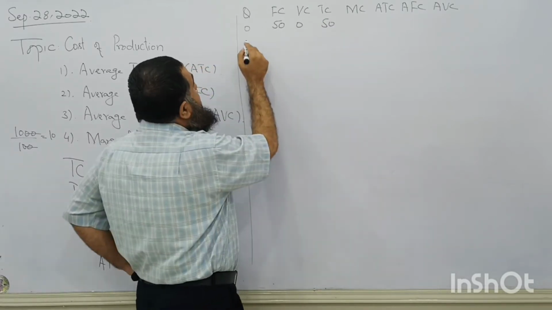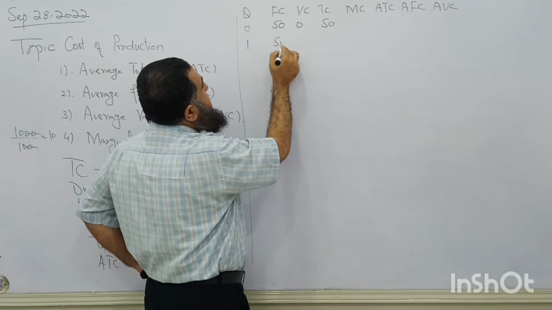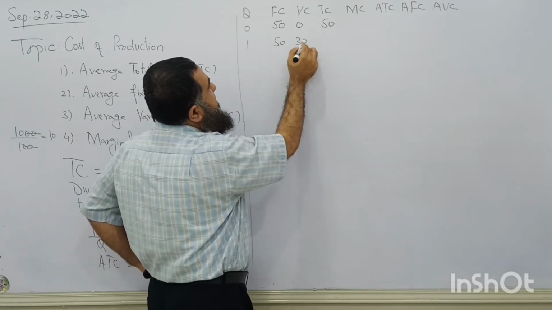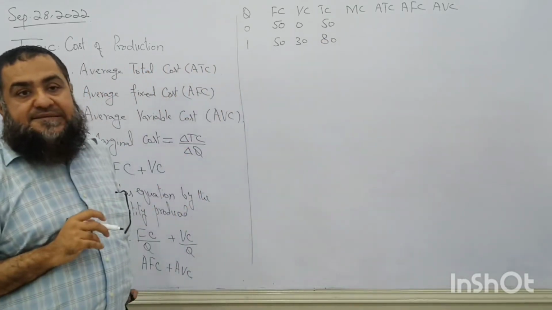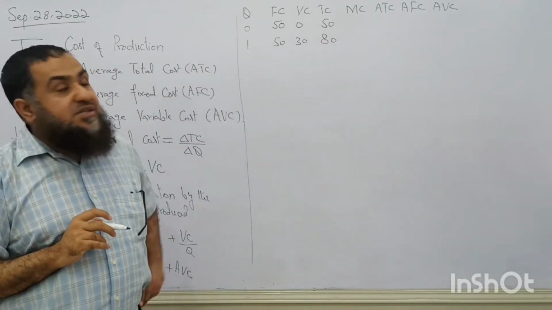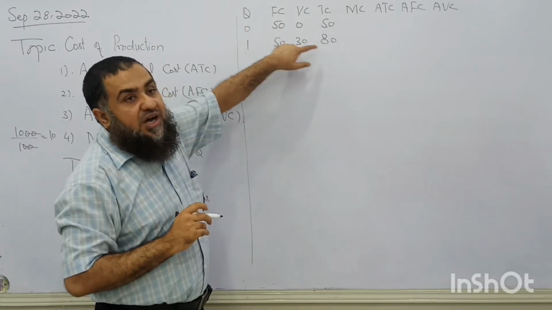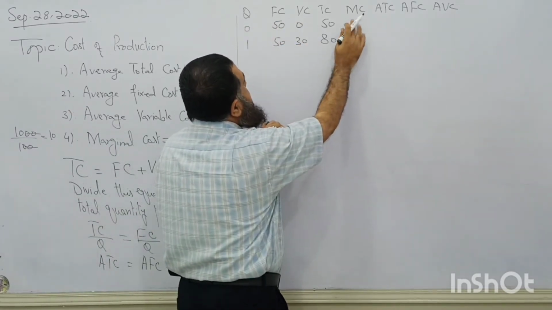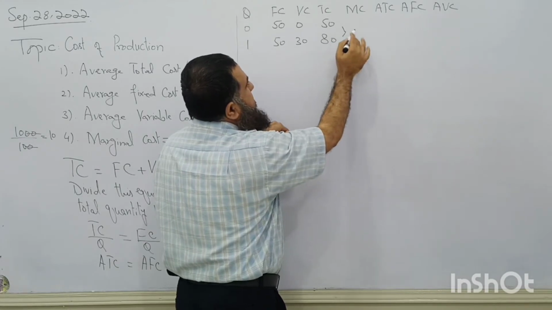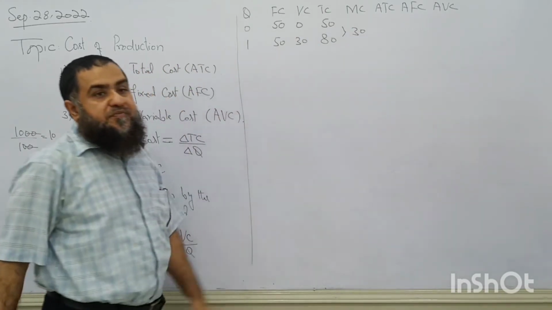Clear? Now first unit is produced, fixed cost is 50, but variable cost is 30. How much is total cost now? 80. Yes. And what is marginal cost? The change in total cost due to this additional output. For the first unit it is now 30.